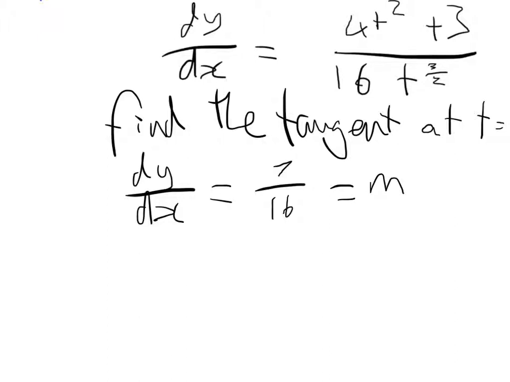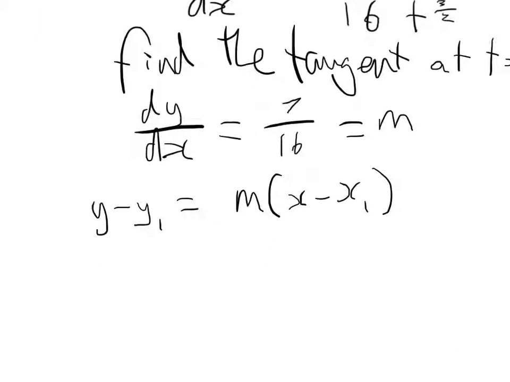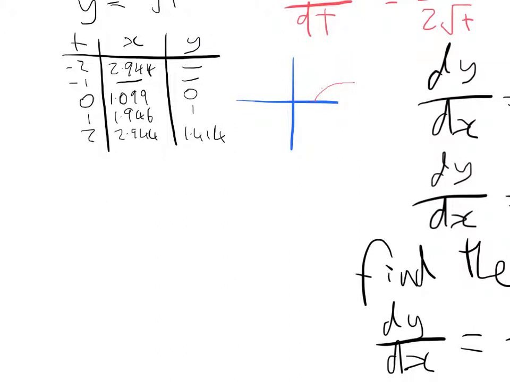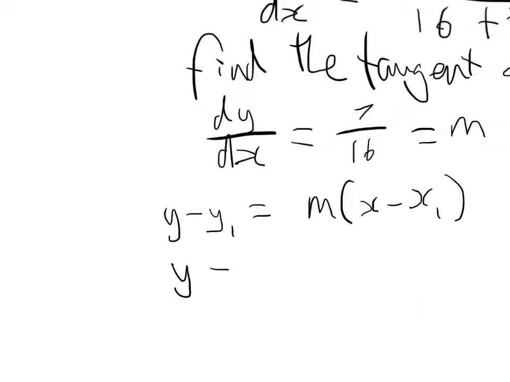And the equation of the tangent is y minus y1 equals m times x minus x1. And so therefore we have y minus 1 equals m times x minus 1.946.